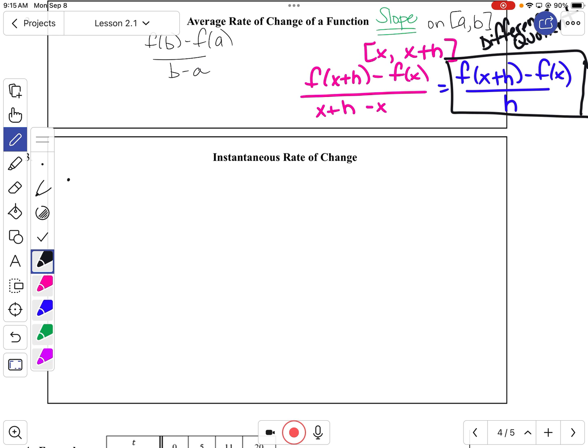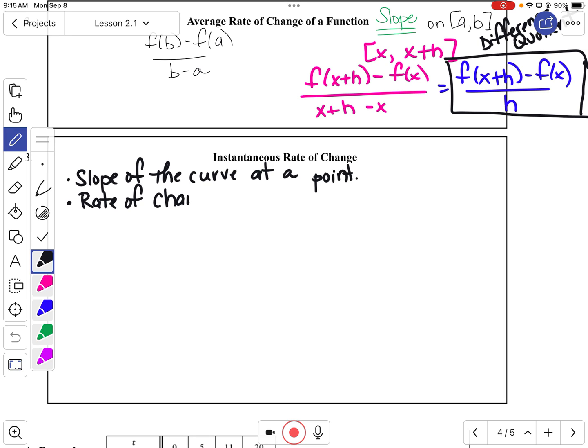Instantaneous rate of change is the slope of the curve at a point, or the rate of change of the curve at a point.